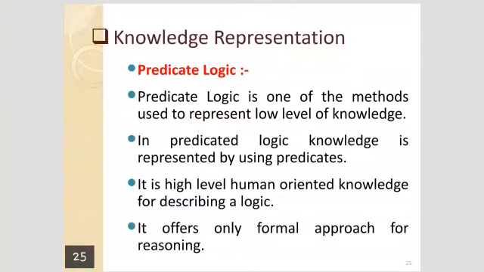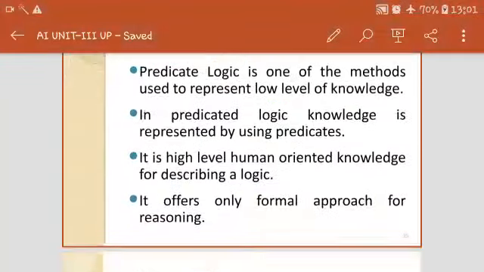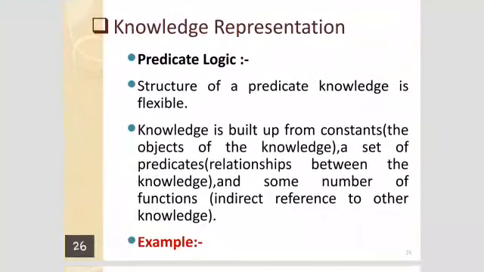Next, it offers only formal approaches for reasoning. Next, the structure of predicate knowledge is flexible. Knowledge is built up from constants, the objects of the knowledge, a set of predicates, the relationships between the knowledge, and some number of functions, which are indirect references to the knowledge.